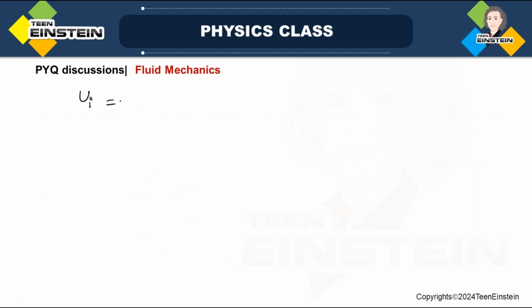So let me write m1, that means area of cross section A, h1 into rho into g, into further h1, this is mgh, plus A h2 rho g into h2.